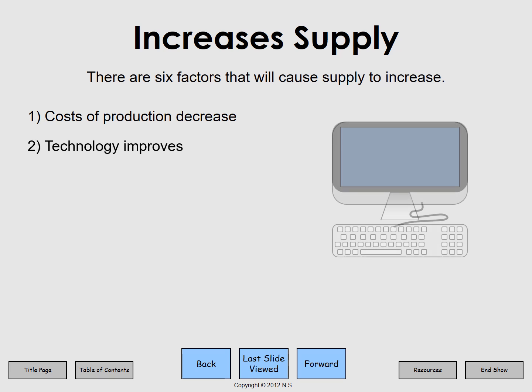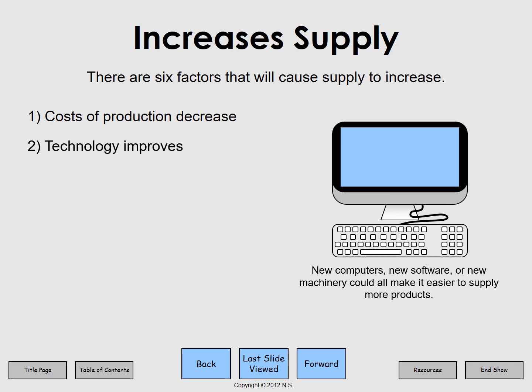The next one is technology improves. If you're a lemonade salesman and you can have robots sell your lemonade instead of having to pay people to stand out on the corner and sell your lemonade at their lemonade stand, then that's better. If you yourself buy a lemon juicer, something that squeezes the lemons for you faster, then you can make more lemonade more cheaply, more quickly, and that saves you. So new computers, new software, new machinery, new technology, whatever that might be.